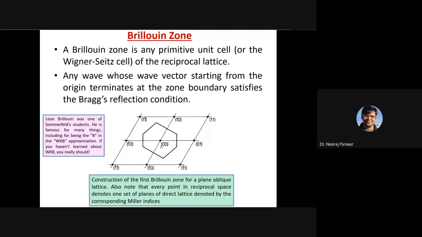This is an oblique reciprocal lattice, and from this origin we connect all the points, and then we make the perpendicular bisector of the lines joining the nearest neighbors. Then the area formed by this will define our first Brillouin zone.